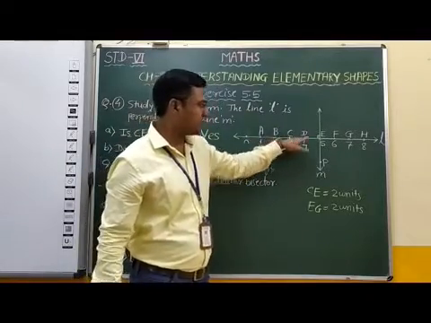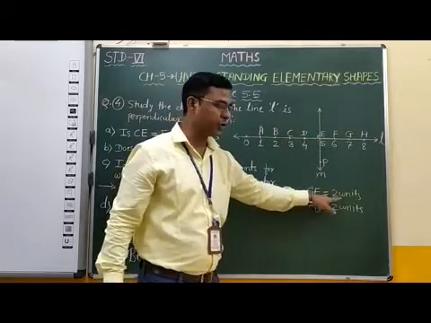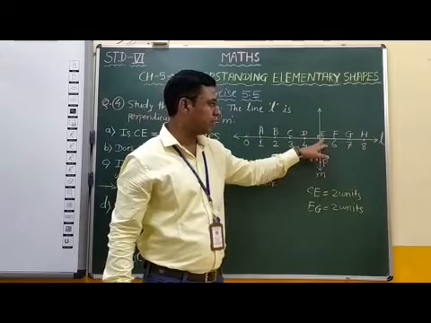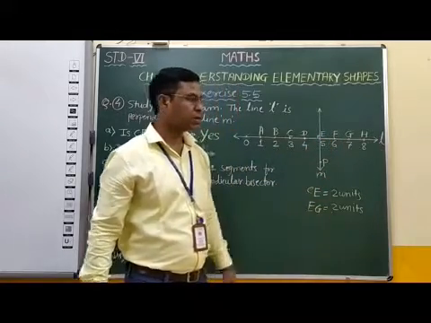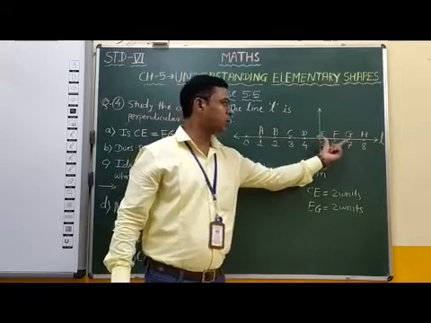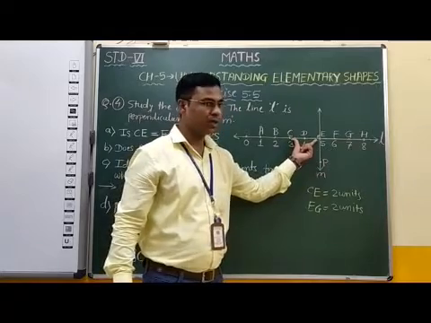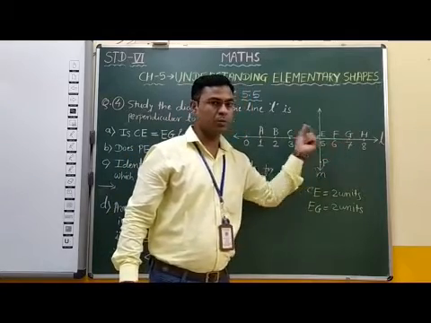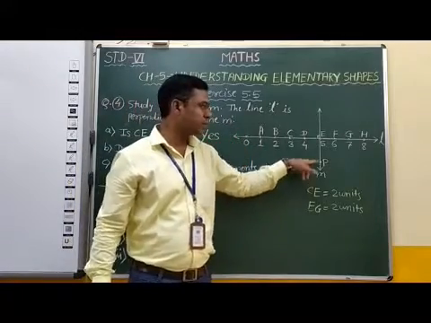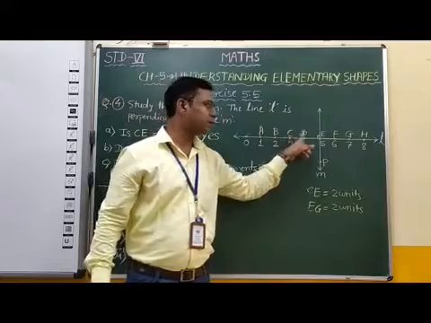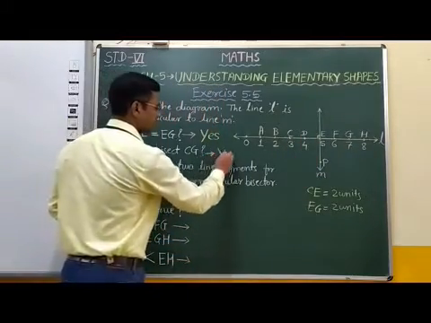The distance between C and E is 2 units and the distance between E and G is 2 units. Therefore, CE is equal to EG. Both are 2 units. Therefore, we can say that PE bisects CG. The answer to this question is yes.